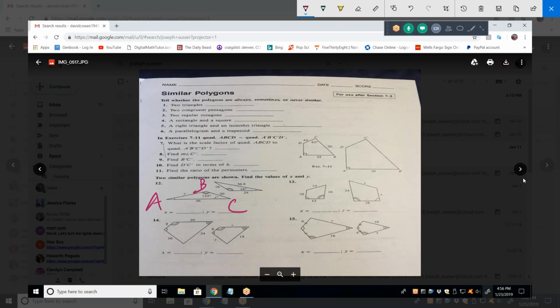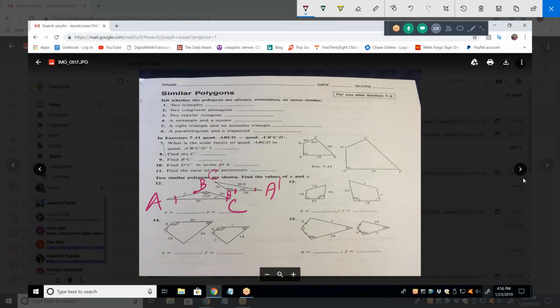Where do I start? So this is B prime, because it tells us that angle is equal to that angle. And then the one on the left of that would be C prime. And then A prime. And the reason is because that angle is equal to that angle. So that makes that the A.